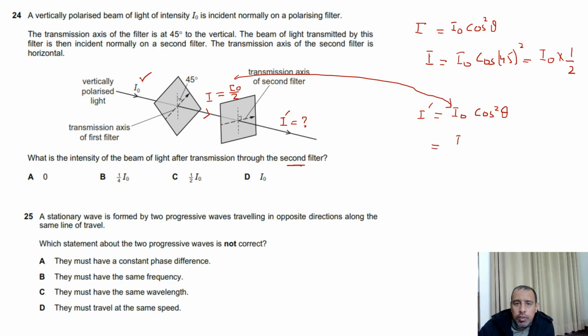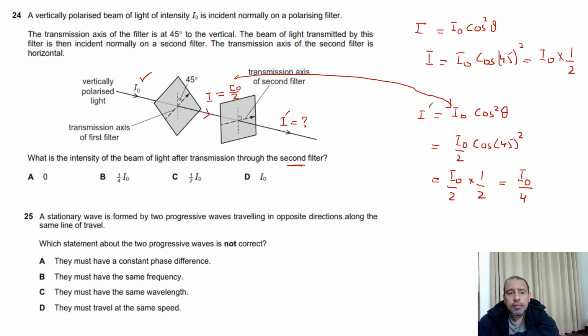It means it should be I naught by 2, times cos square theta, which is 1 by 2. So this should be I naught by 4. That's why option D is correct.